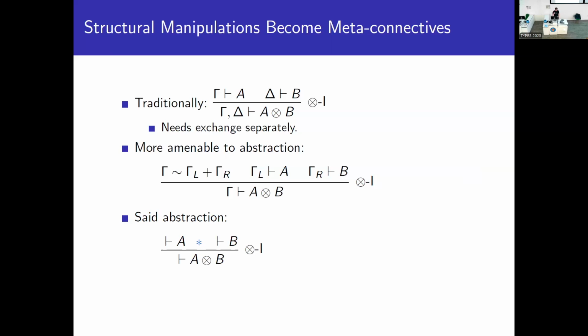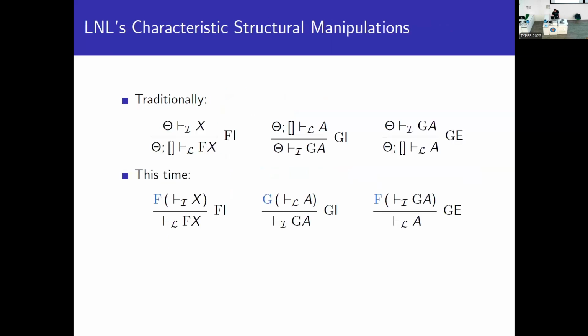Okay, so this appears in Rouvoet et al. 2020 and my thesis. So that's not new. What is new is the LNL's special sauce: we want to move between the linear and intuitionistic modes, the L and the I. And normally to do this, we either have a linear context where we say, actually, there's no linear stuff inside here, it's all intuitionistic, or we've got an intuitionistic thing, we could just turn it into a linear context anyway.